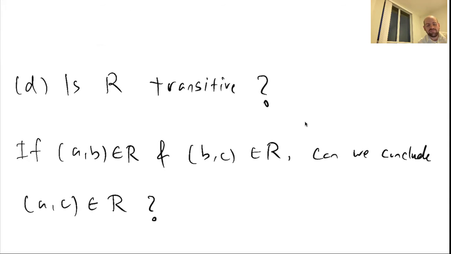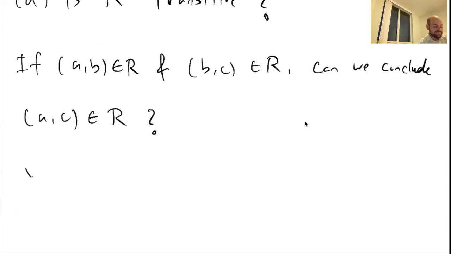If (A, B) is in R and (B, C) is in R, then can we say (A, C) is in R? The answer is yes.